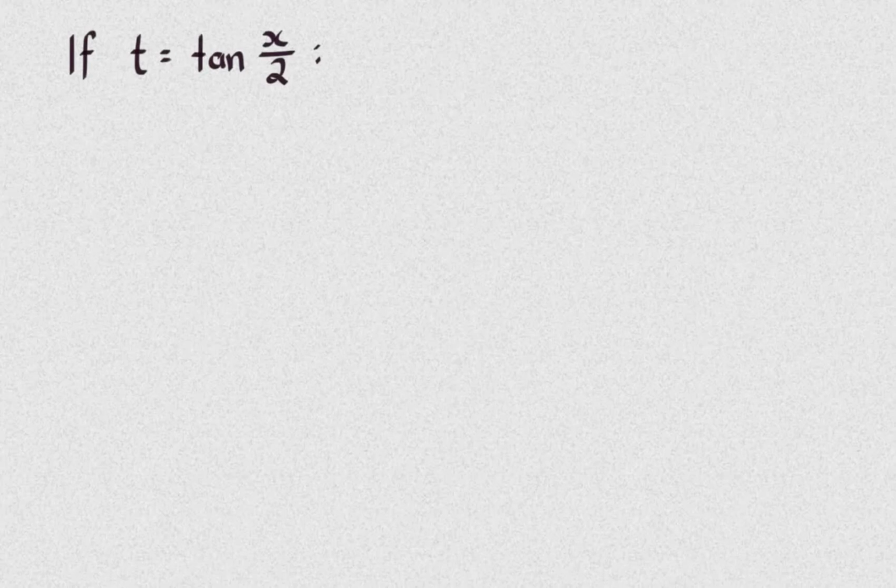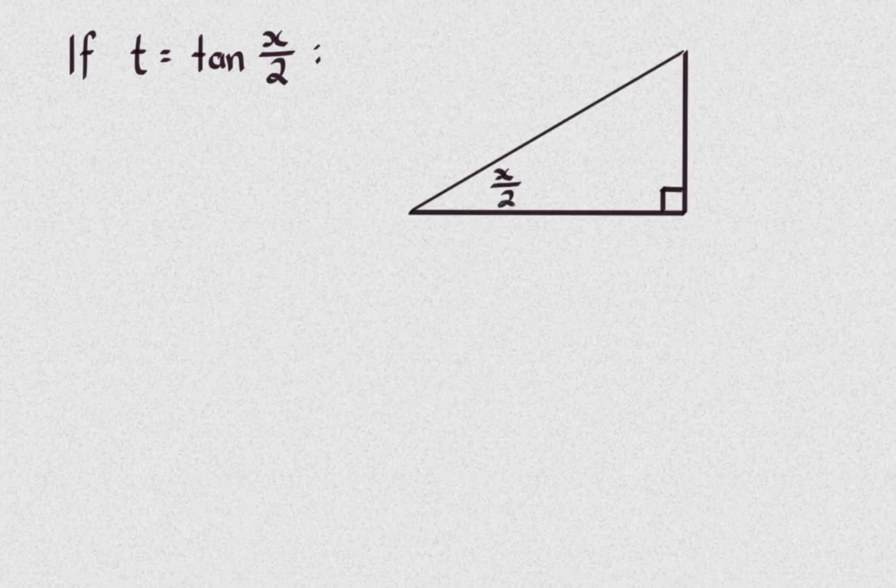If t is equal to tan of x on 2, then we can come up with a pretty simple right-angled triangle, where x on 2 is our angle in here. In order to satisfy that tan of this angle is equal to t, well, tan in a right-angled triangle is opposite over adjacent.